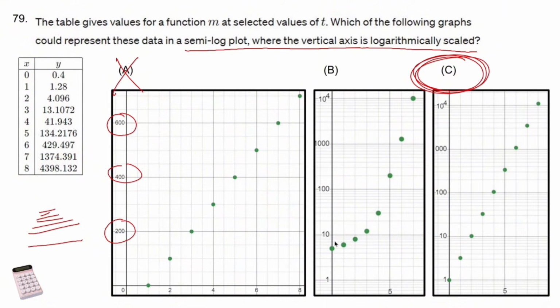B gives me what looks like quadratic or something like that. It gives me a curve. If you have a curve on a semi-log plot, you don't have an exponential function. So it's not going to be B. Although the temptation is to look at this and be like, oh yeah, it's exponential, so it should look like that, exponential growth.